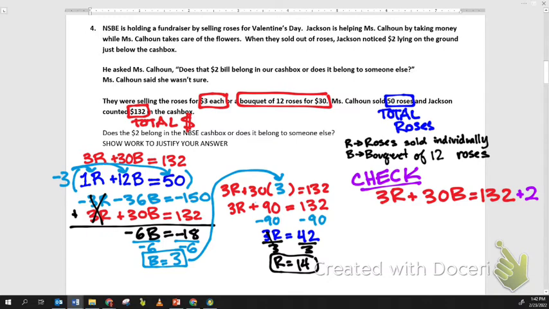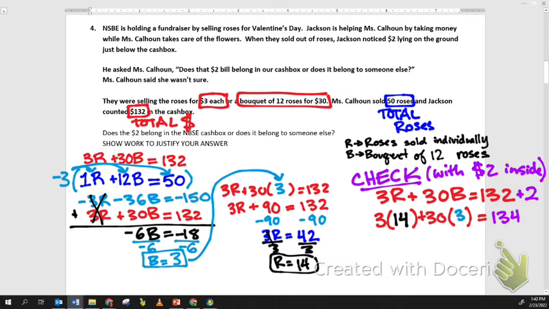So if I substitute what I just found in, I have R is 14 plus 30 times 3. And this is with the $2 bill in the box.